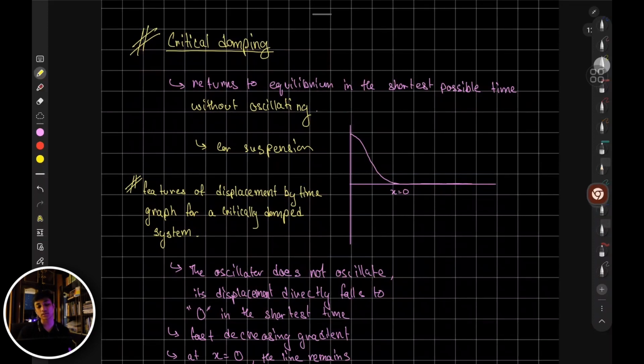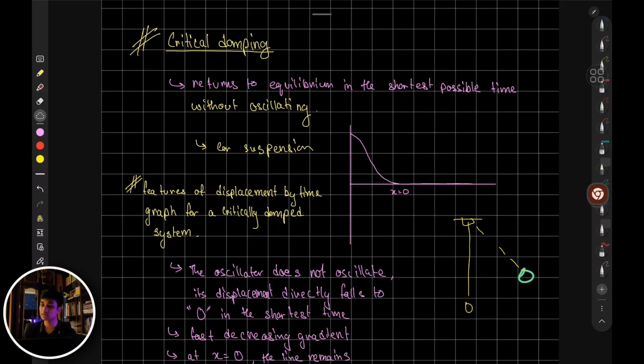Next, let's look at critical damping. In critical damping, let's say this is equilibrium, and this is your maximum position. Within the first oscillation, the object is going to come back to equilibrium. It's not going to move down there.